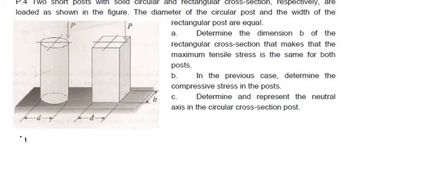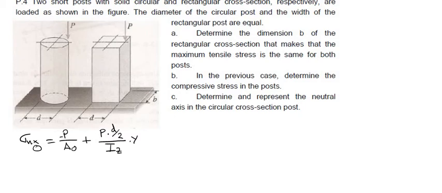expression for the normal stress sigma x in the round cross section, which is equal to minus P divided by the area of the circular cross section plus P multiplied by D divided by 2, divided by the moment of inertia about, let's say, the z-axis, and multiplied by the y coordinate.